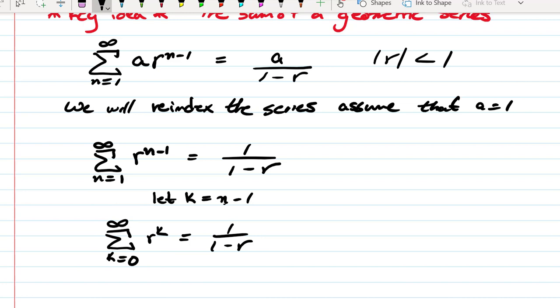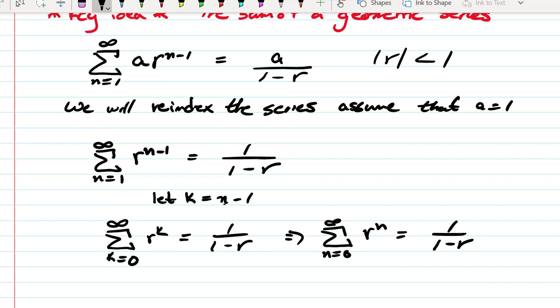And if you write those out, they would generate the same series, which is 1 plus r plus r squared plus r cubed, and so forth. And since that is a dummy index, we can rewrite it again as an n, which is the traditional way to write this.